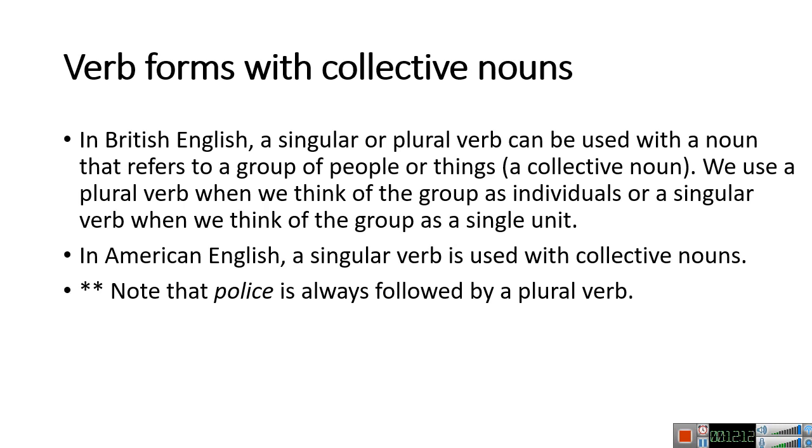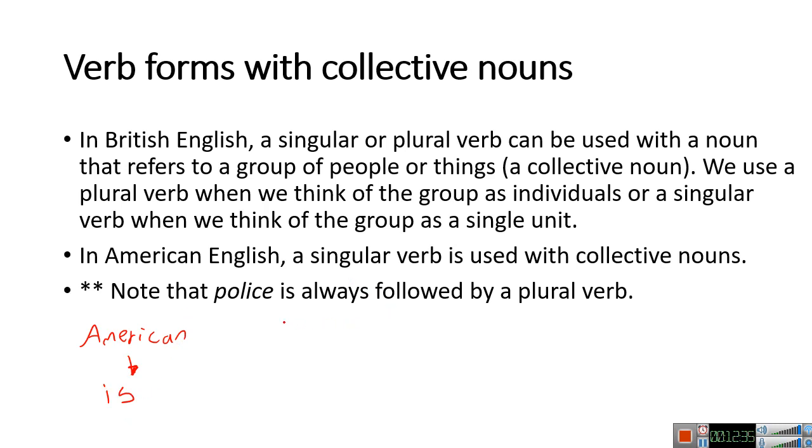In American English, a singular verb is used with collective nouns. Note that police is always followed by a plural verb. So, in American, when we're talking about a group, we will always use is.